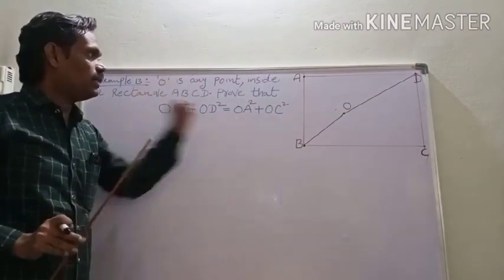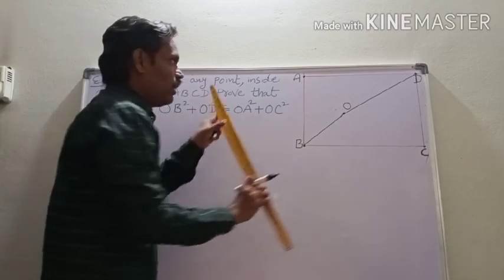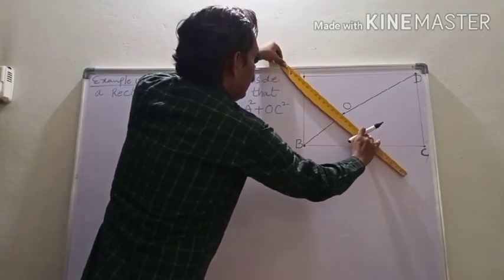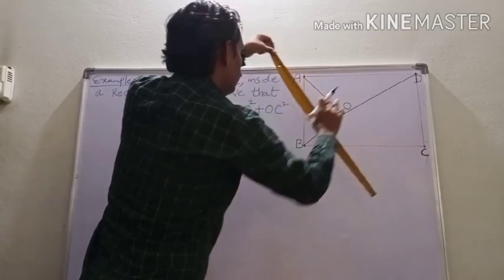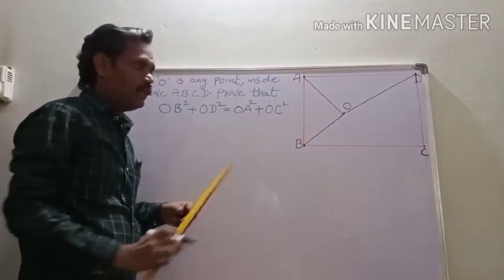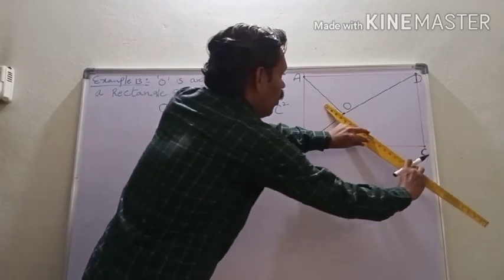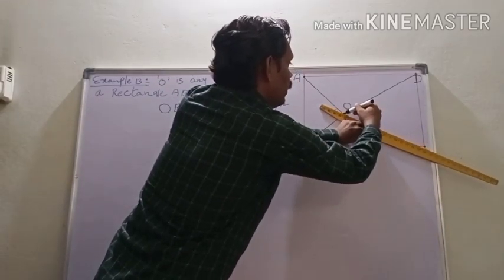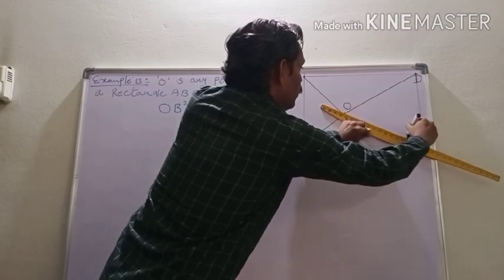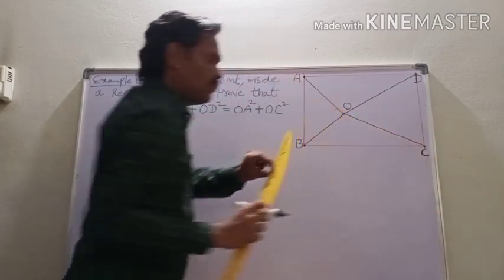Then what is OA? By joining A and O, you will get OA. Then the last one, OC. By joining O and C, you will get OC.